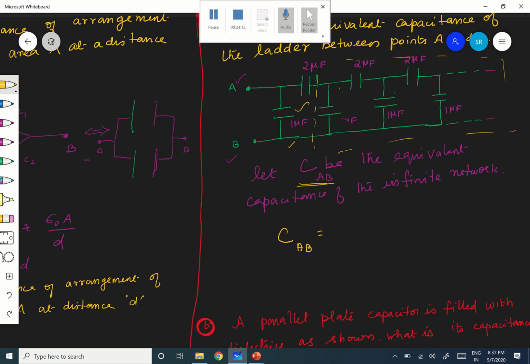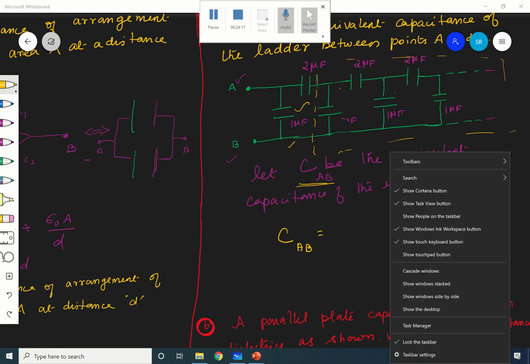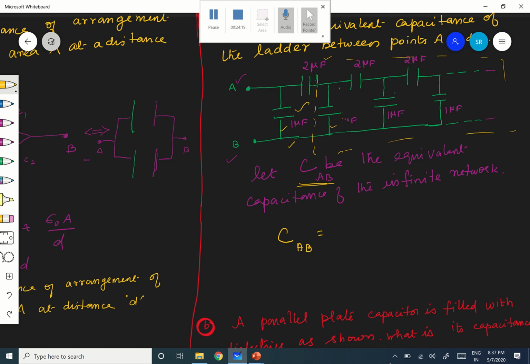This is the network: 1 microfarad, 2 microfarad, 1 microfarad, 2 microfarad, like that, so many. Are you following? Therefore, up to this is only CAB. Let me draw the equivalent circuit. Once I cut from this yellow line, everything I cut gives me the equivalent capacitance CAB.